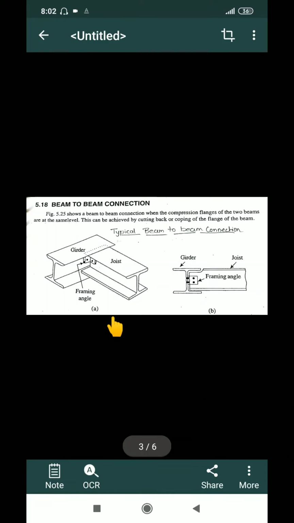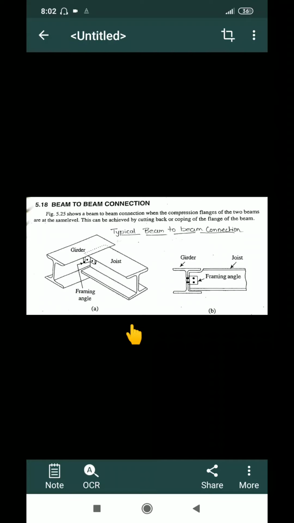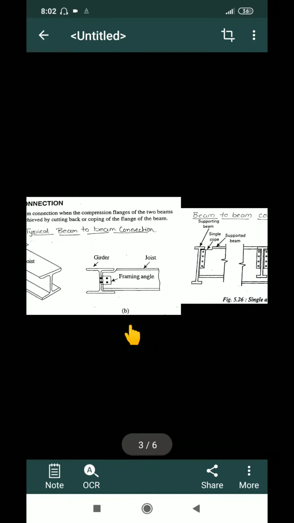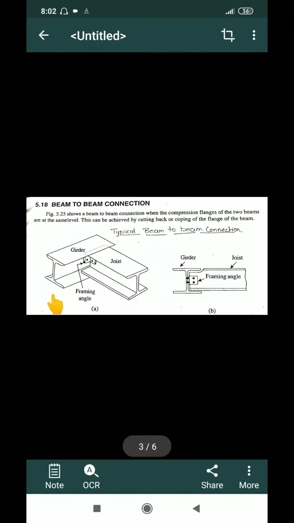Let us study the different types of connections in beam to beam connections. Suppose I have one main beam like a girder and one secondary beam, which you can call a joist. I connect this main beam with the secondary beam, and this junction is called a beam to beam connection.